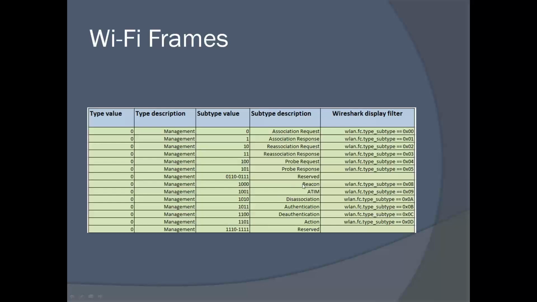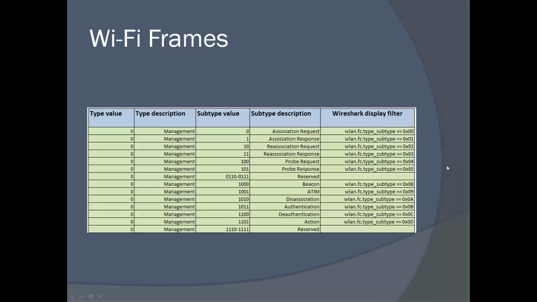In particular, the ones we're going to be using are the de-authentication to be able to DOS it, and the beacon. I was mentioning earlier that even if the Wi-Fi administrator has turned off the SSID, the SSID is still included in the beacon frame. They can't turn that off and still have a functioning Wi-Fi AP.